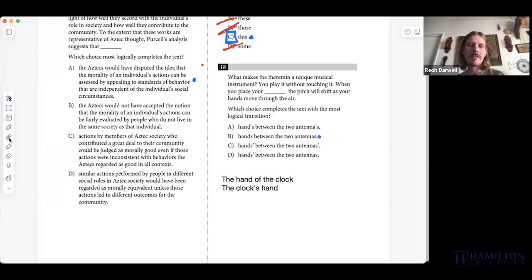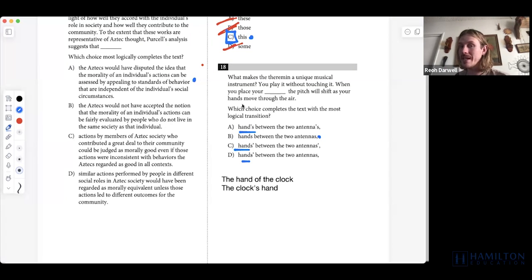So the first one, this question should be pretty easy, actually, because A, C, and D all have hands in some sort of possessive form. All of these show hands as possessive. We don't even really need to look at our second option much at all, because every difference between A, B, C, and D is based on hands.